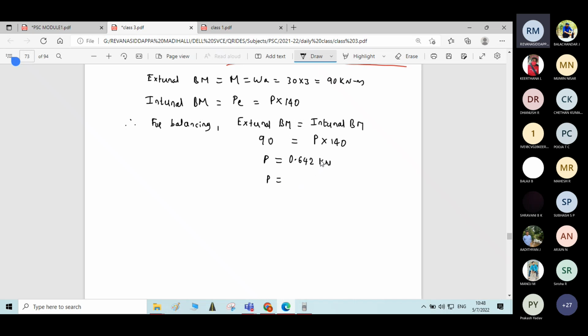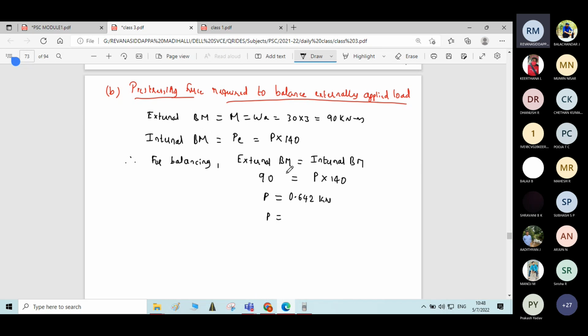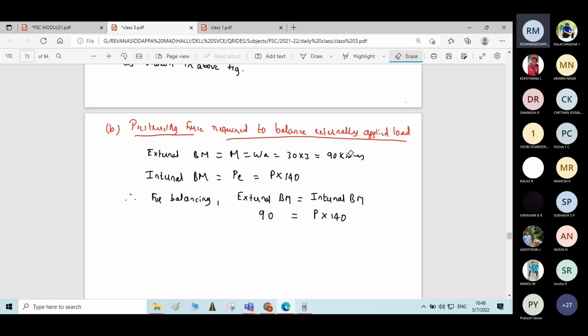Oh, one more very important thing. Here we should be careful about the units. See here, P into 140 mm. Internal bending moment we have substituted in terms of mm, but external bending moment is in terms of kilonewton meter.